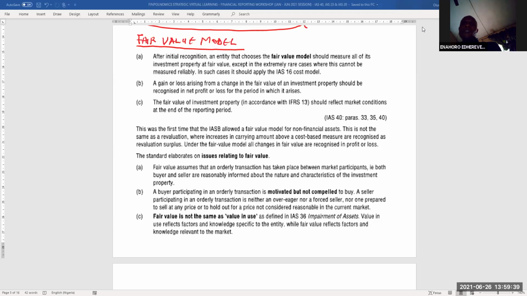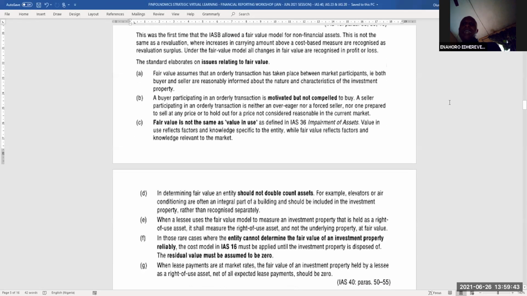A seller participating in an orderly transaction is neither an over-eager nor a forced seller, nor one prepared to sell at any price or to hold out for a price not considered reasonable in the current market.